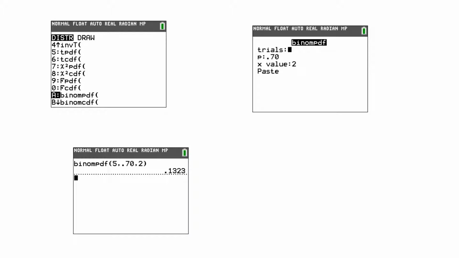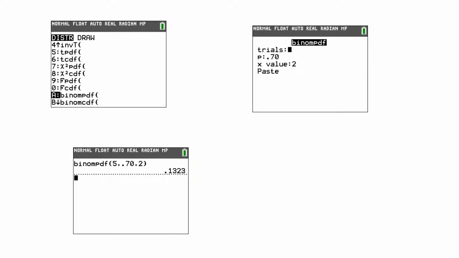Then you're going to have to enter the number of trials, which in this case is 5. Enter the probability of a success, which is 0.70. Enter the number of successes, 2. Where it says paste, just enter and enter. You now have your answer 0.132, which is C.